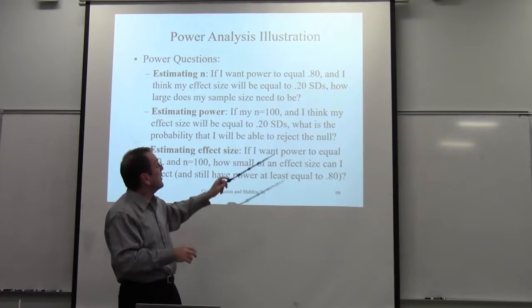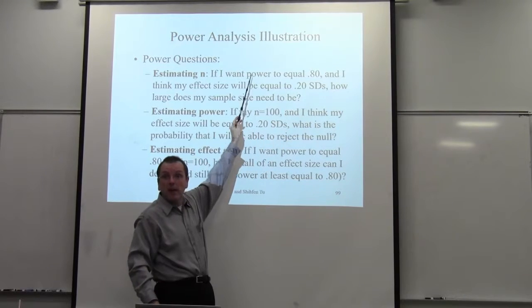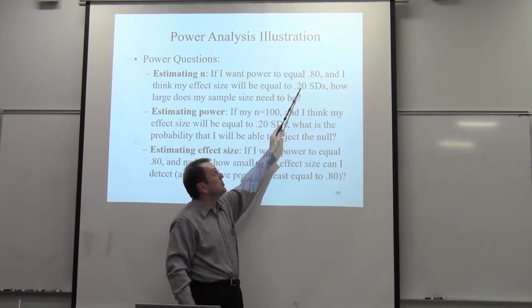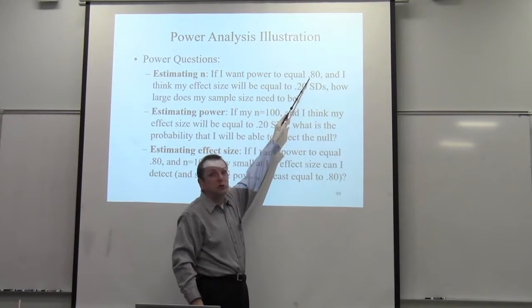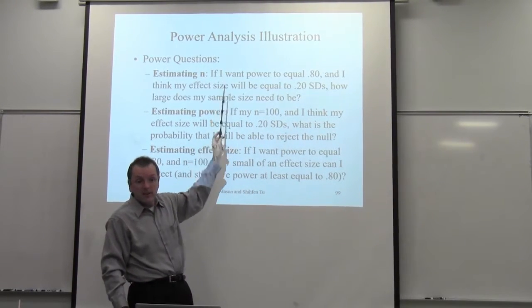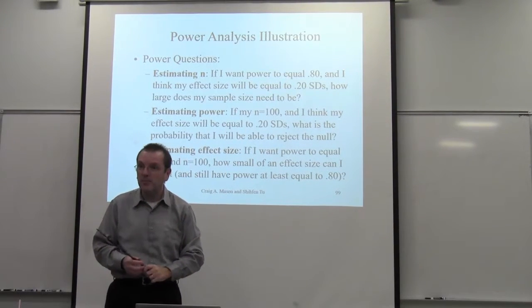So notice I'm given two numbers and I'm estimating the third. I'm assuming the effect size, I'm assuming a level of power, and I'm calculating n. You can spin those around and instead say, okay, let's estimate power.